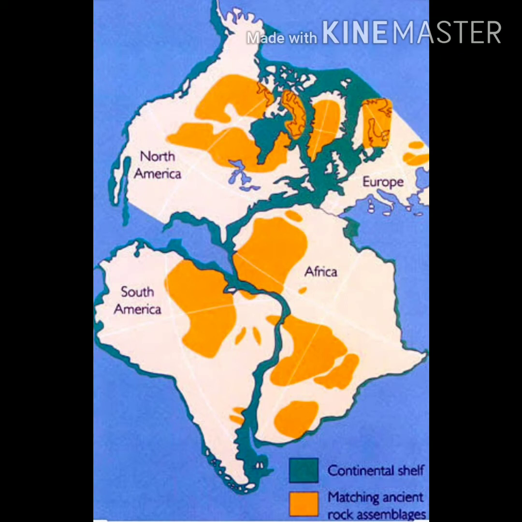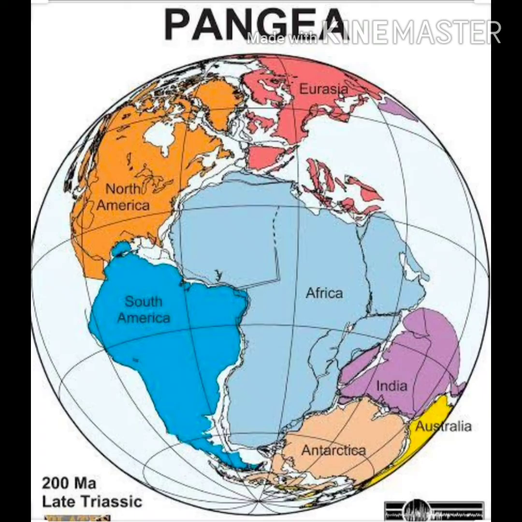So in his theory, he gave similarities in the fossils found in Brazil, which is in South America, and Africa. Fossils are the remains of plants and animals found in the rocks. He drew a series of maps showing 3 stages in the drift process.